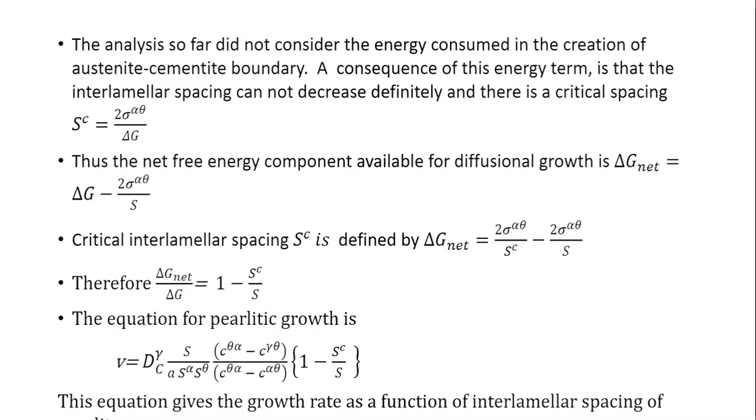So consequently the equation for pearlite growth is modified. V is equal to, again, the diffusion coefficient of carbon in the gamma phase multiplied by the interplanar spacing S divided by A into S alpha and S theta, multiplied by the fraction C theta alpha minus C gamma theta over C theta alpha minus C alpha theta.